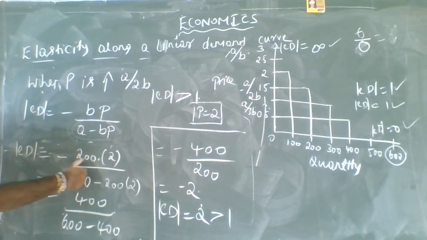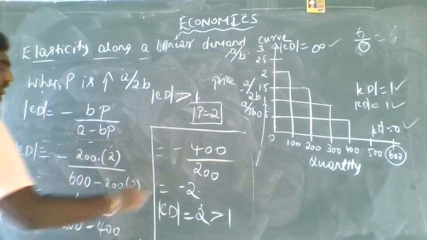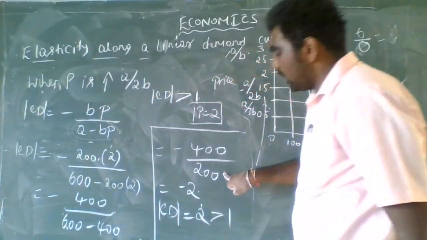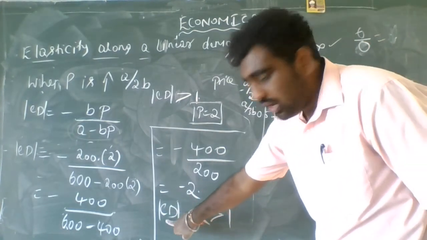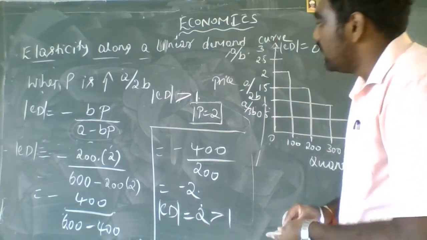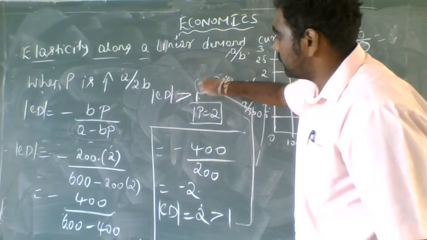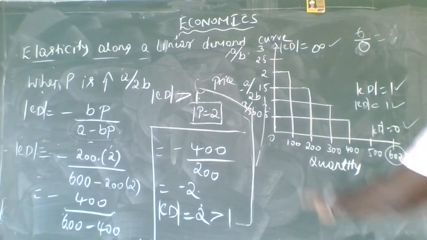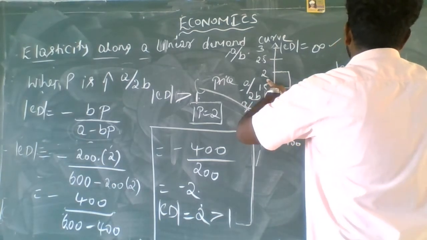So it becomes 200 into 2, 400, divided by 600 minus 200 into 2, which is 400. So 400 divided by 600 minus 400, which is 200. So you arrive at minus 2, and using the modulus of elasticity of demand, it is greater than 1. We also proved this condition. So when the price is 2, the elasticity of demand is greater than 1.